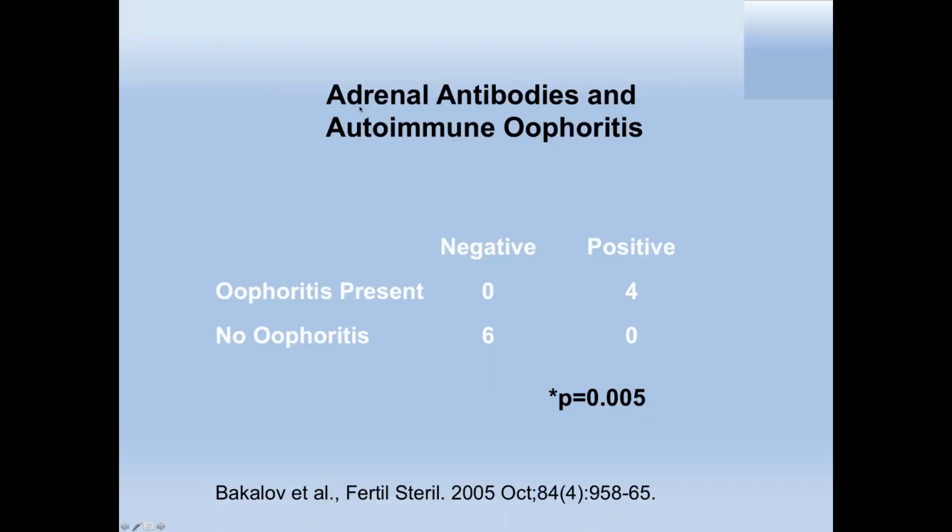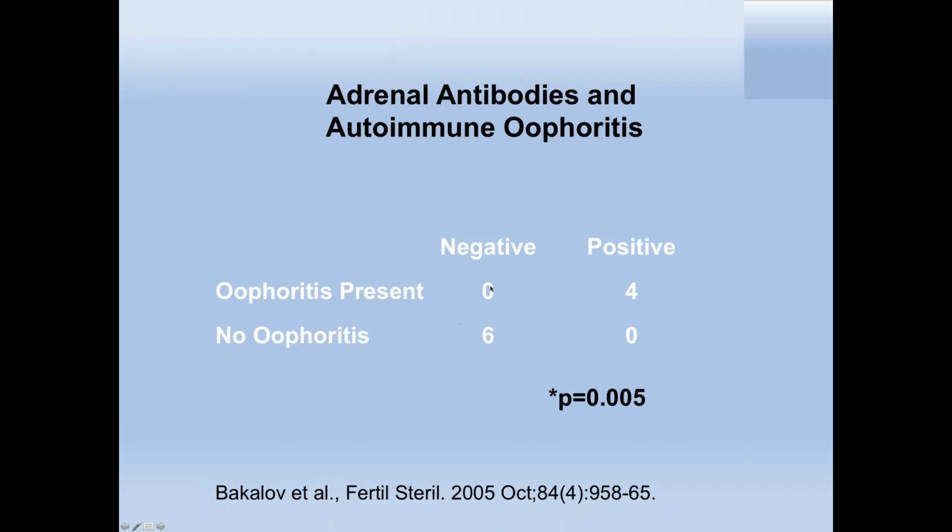And we conducted a prospective assessment of this by measuring adrenal antibodies and doing biopsies to determine if autoimmune oophoritis was present or not. So we had 4 cases in this series in which oophoritis was present histologically, and 6 patients in this series in which oophoritis was not present.